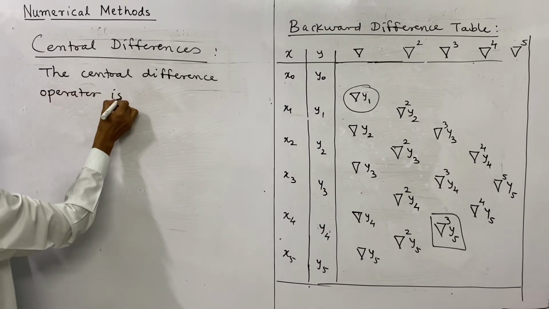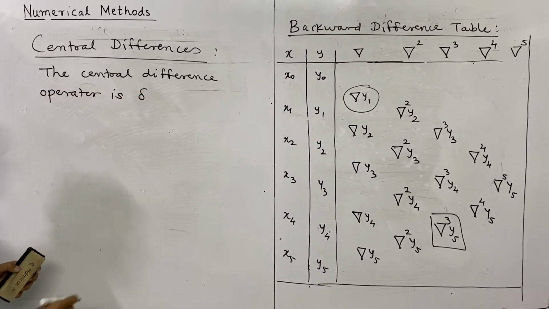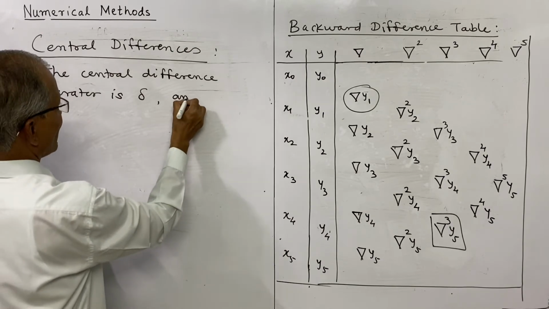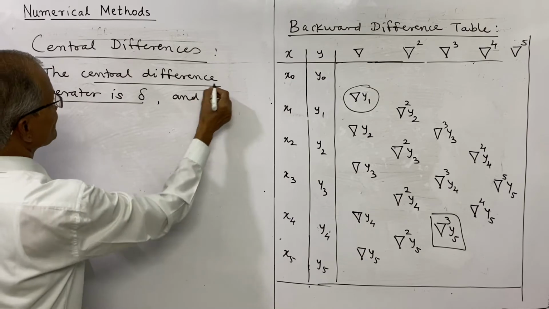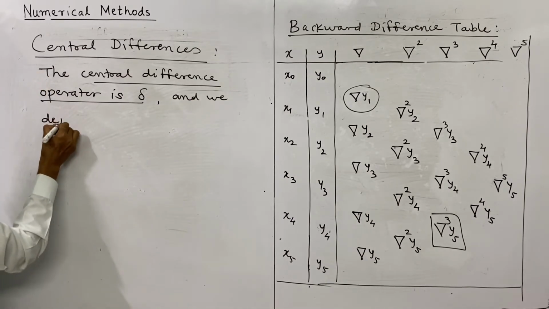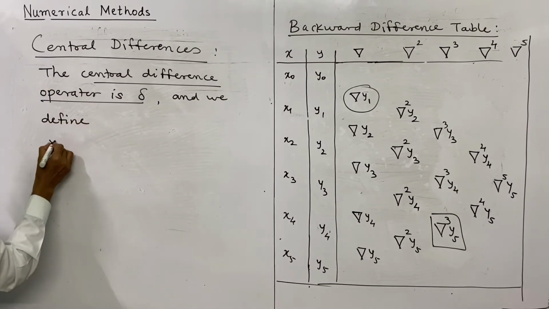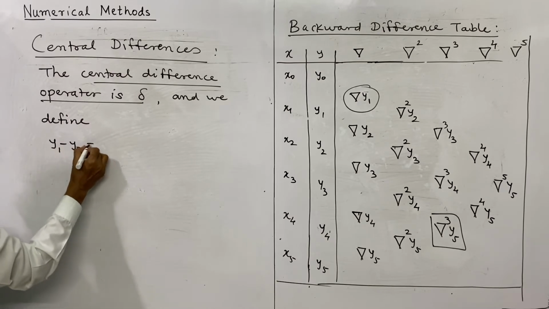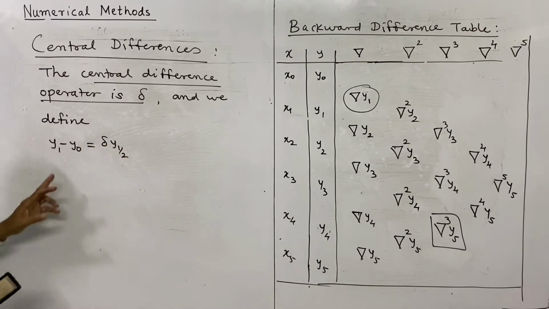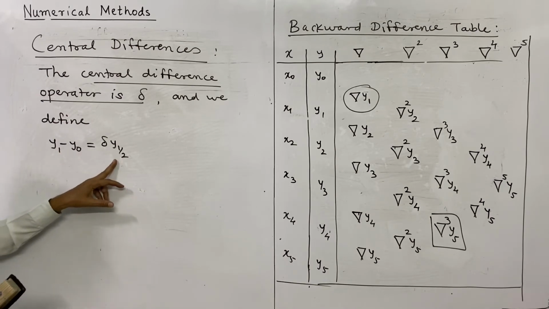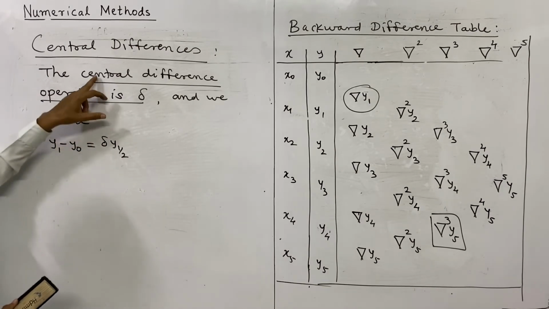We define y1 minus y0 equal to delta y at half. The center of 1 and 0 is half. So that's why it is a central difference.